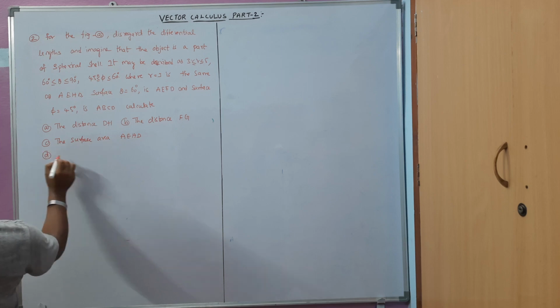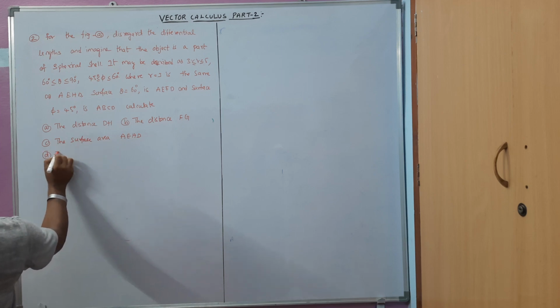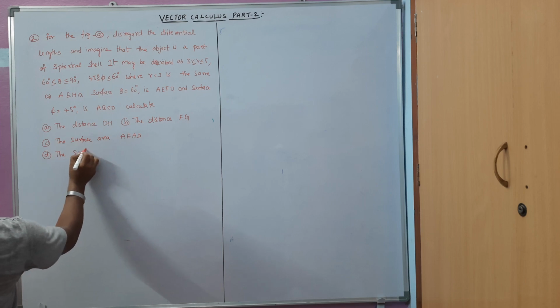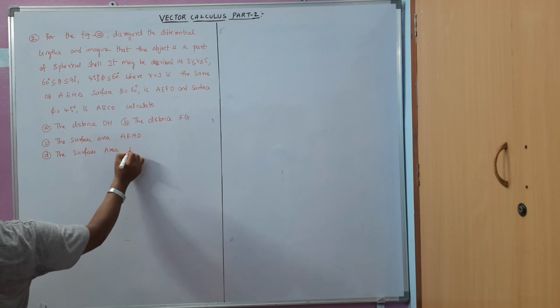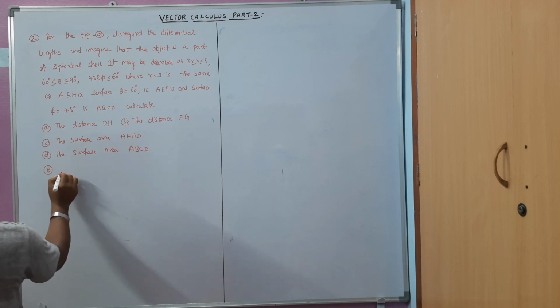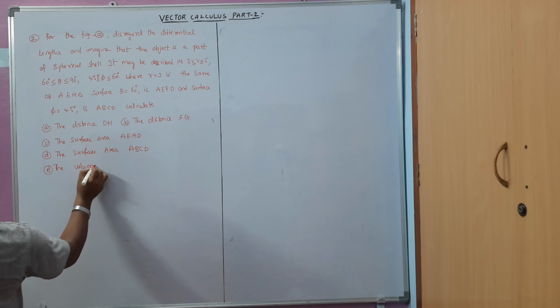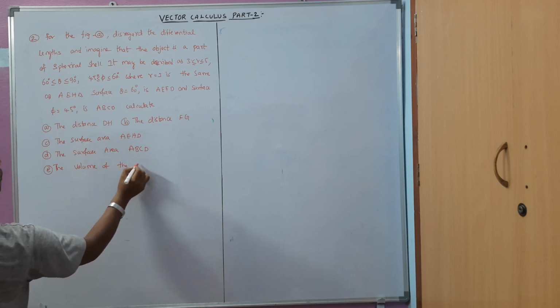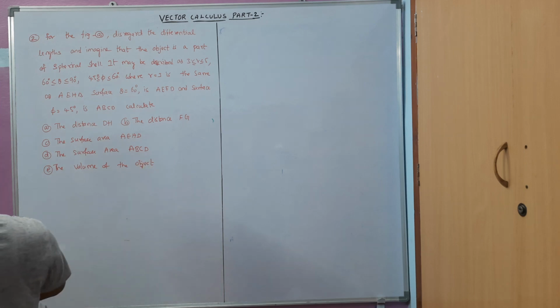D, the surface area ABCD. And E, the volume of the object. Finally, we have to find the volume of the object here.